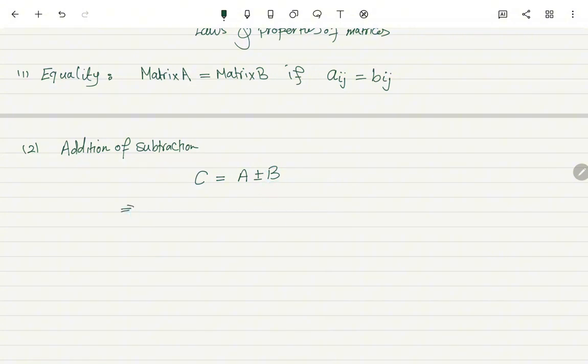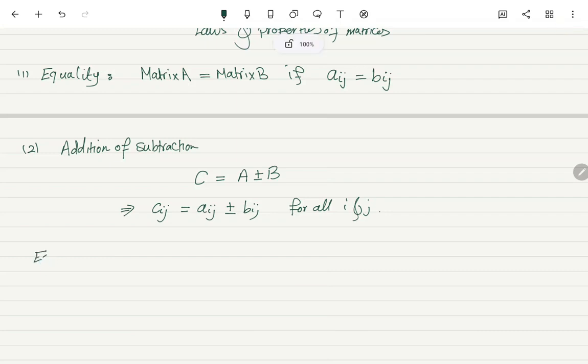In such a way, here Cij equals Aij, either plus or minus Bij, for all values of i and j.